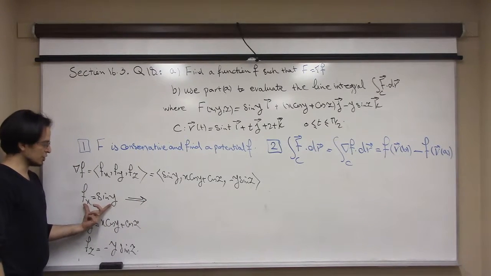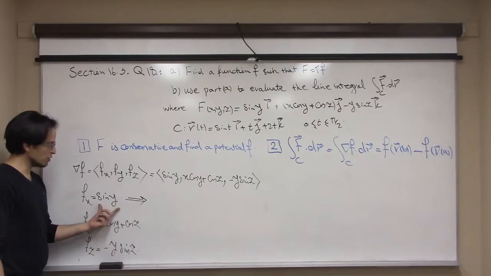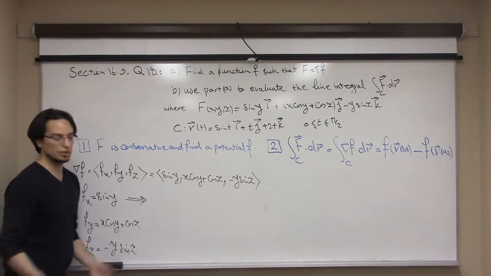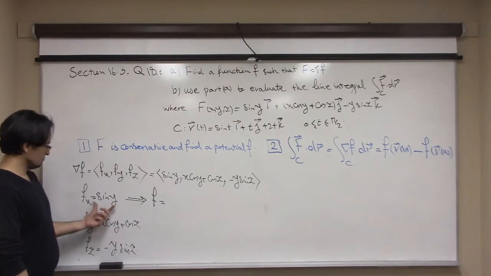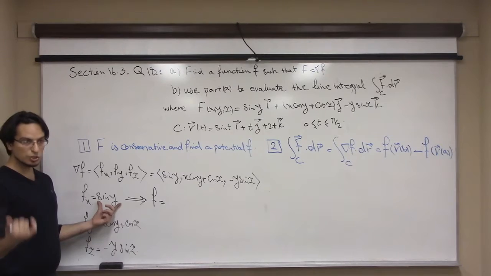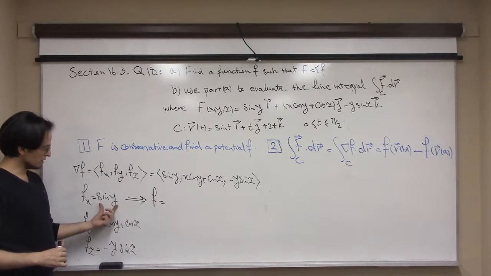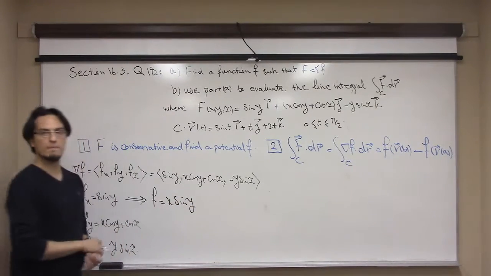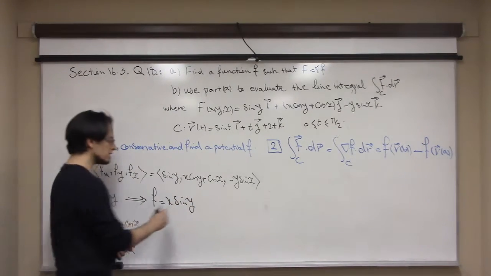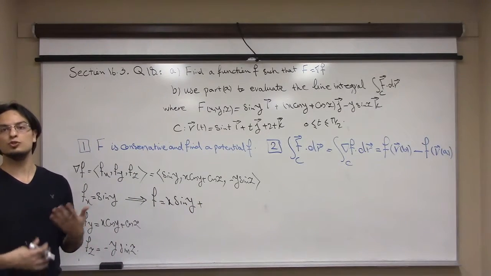If I have a function whose partial derivative with respect to x is equal to sine y, what would that function be? The function itself is x sine y, plus anything which is constant with respect to x. It is a function whose partial derivative with respect to x is sine y. This is constant. So that function should have this form plus anything which is constant with respect to x.